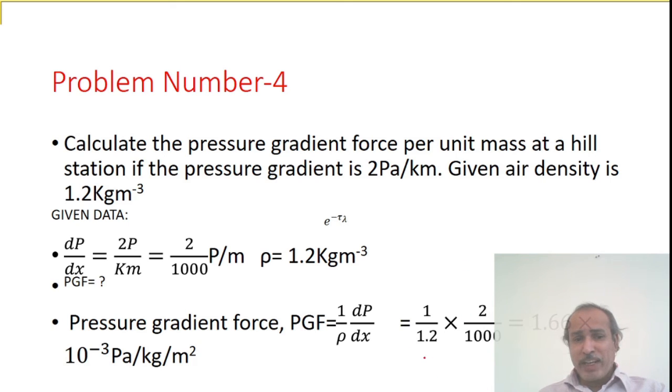Simplifying these numerical values, we ultimately get 1.66 × 10^-3 Pascal per kg per meter square. So in this way we can solve problems regarding pressure gradient force per unit mass.